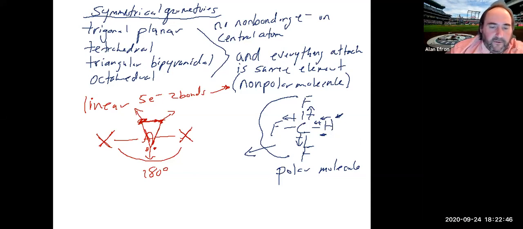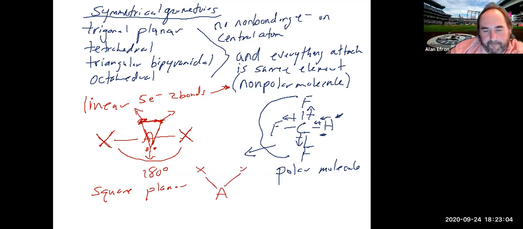The other one that can have dots on the central atom and become nonpolar is our square planar. And our square planar looks something like this, maybe. Just kind of go this way.